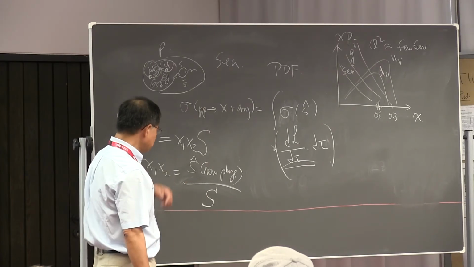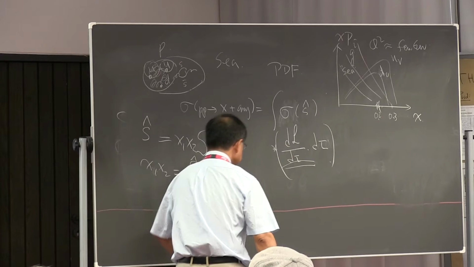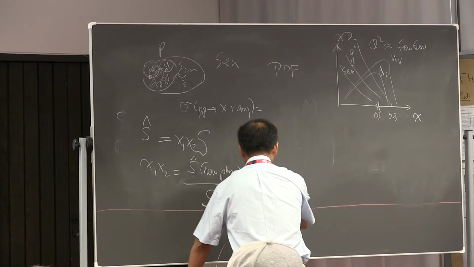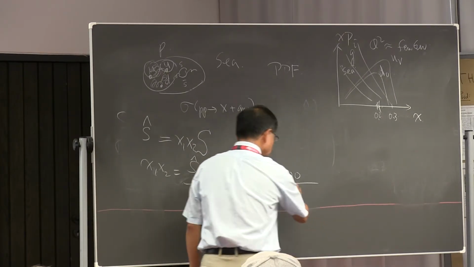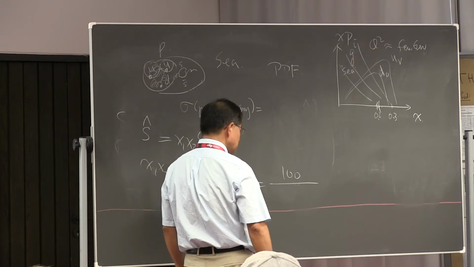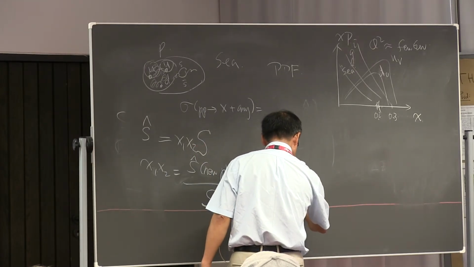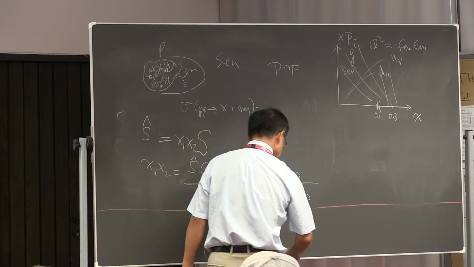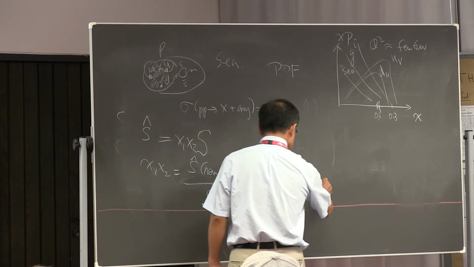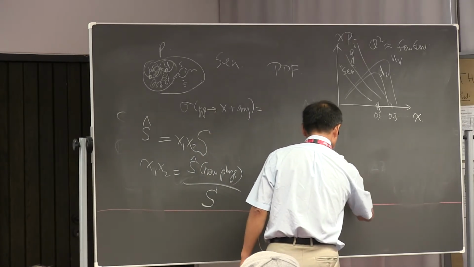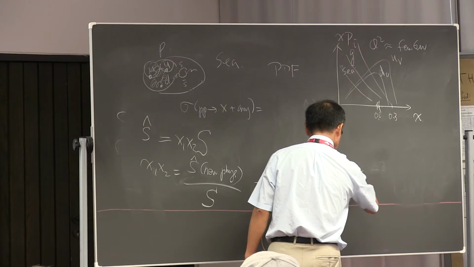Now, if you do the Higgs at 100 GeV, and the proton center of mass energy is 10 TeV, so this is 10 to the 4.